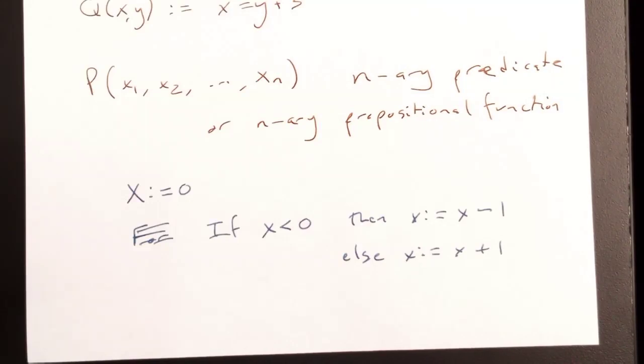I start with a known value for X. And then I run into this predicate function, which tells me which branch of the decision to make. And then I have a new value for X, right? X is assigned a value.